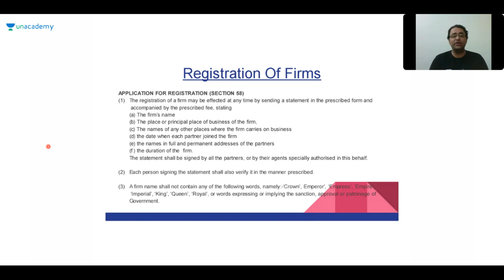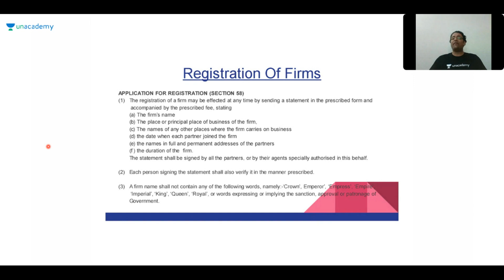The registration of a firm may be effected at any time by sending a statement in the prescribed form, accompanied by the prescribed fee, stating the firm's name, the principal place of business of the firm, the names of any other places where the firm carries on business, the date when each partner joined the firm, the names and full permanent addresses of the partners, and the duration of the firm. The statement shall be signed by all the partners or by their agents specially authorized on this behalf.